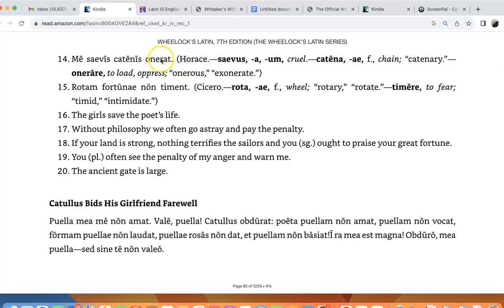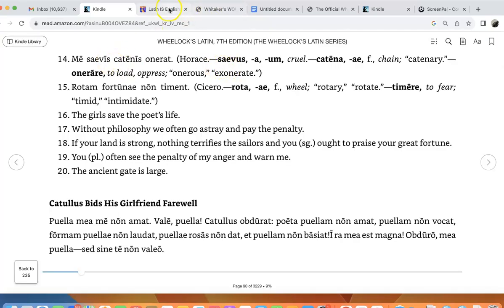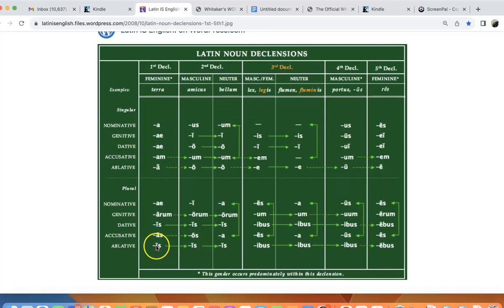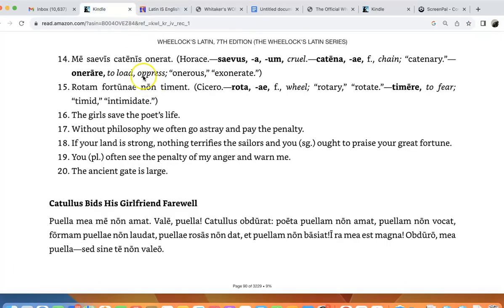Now, Horace is talking about how sometimes, the way we treat one another, metaphorically, we keep them in a state of bondage. So he oppresses me with, or it could be by as well. This one's a little bit trickier because it is in the ablative, because ablative generally means how. So there's the ablative right there. So he oppresses me with cruel chains.